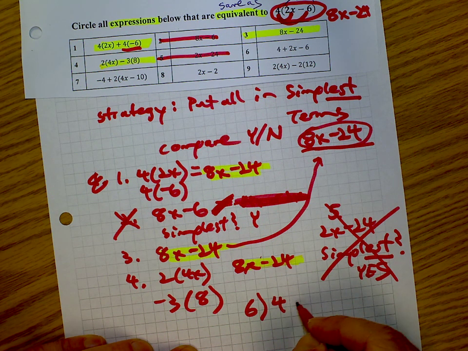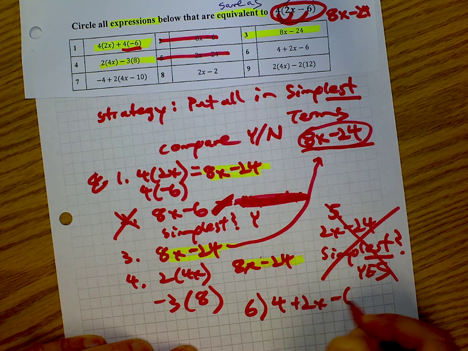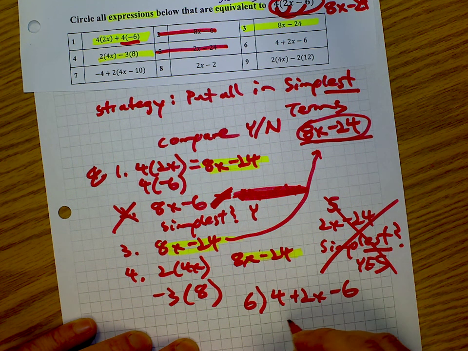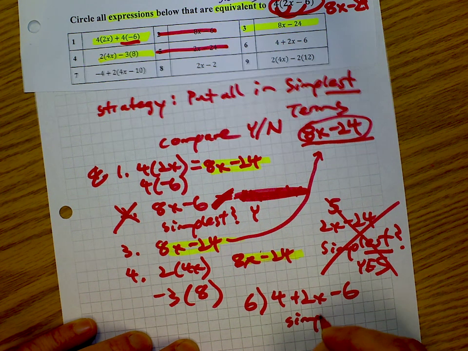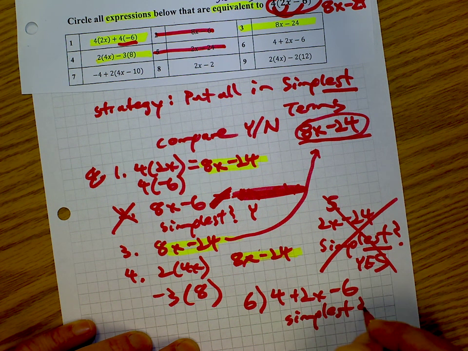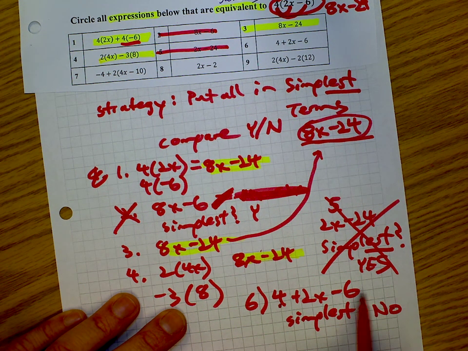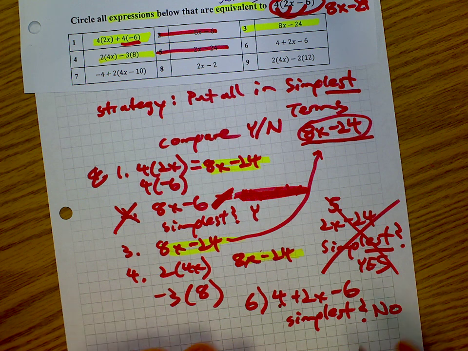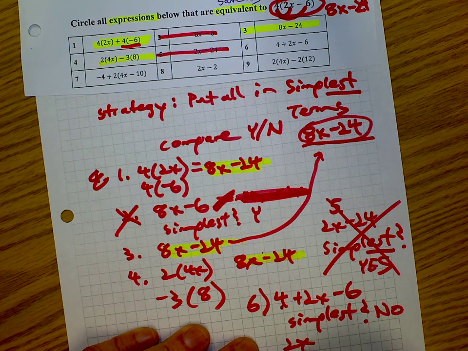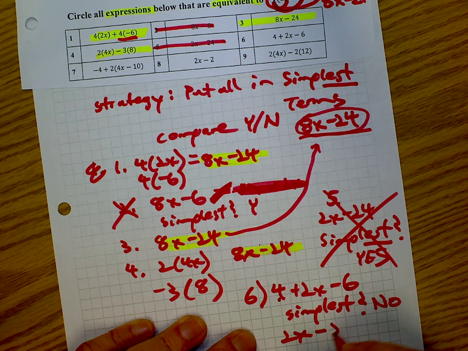Number 6, 4 plus 2x minus 6. Is this in simplest terms, meaning, can I do anything else? Yes, I can do something else. I've got bears here and bears there. I need to put them together. So I've got 2 Sharpies and an overall value of negative 2, right? How do you know that?